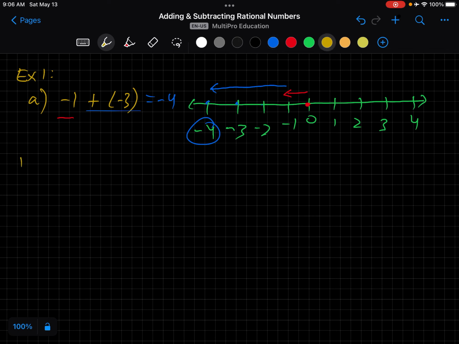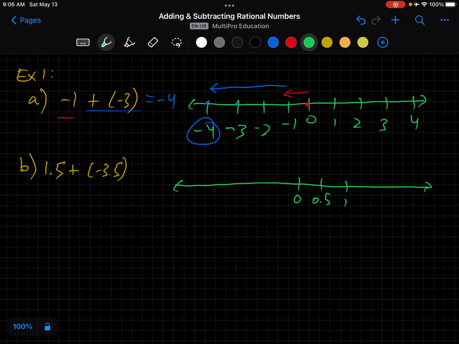Okay, let's look at another example. Let's say that we have 1.5 plus minus 3.5. Decimal places. How does this work? So let's take a look here.